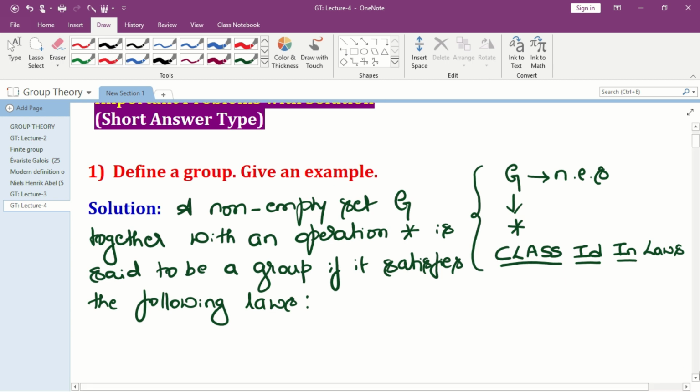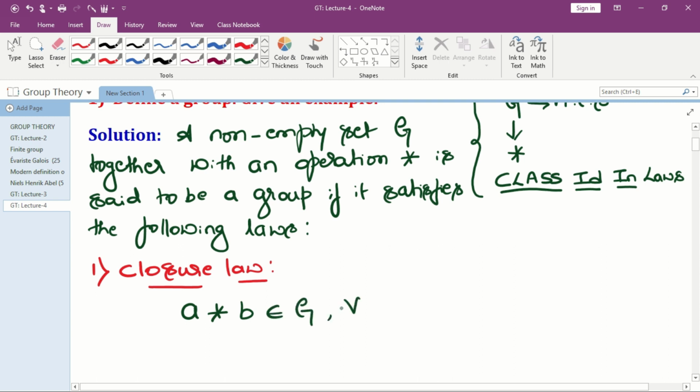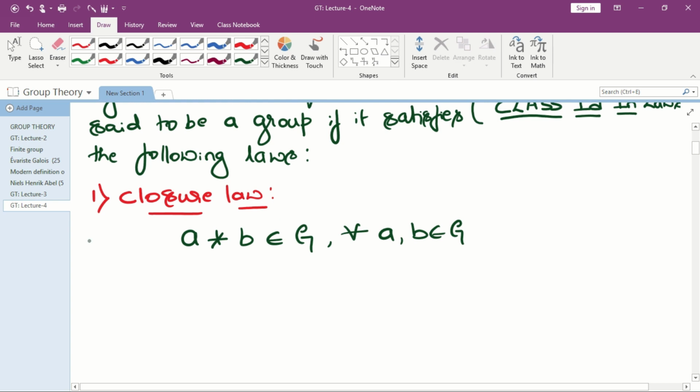The first one is closure law. So what is closure law? A star B belongs to G for all A, B belongs to G. The second one is associative law.